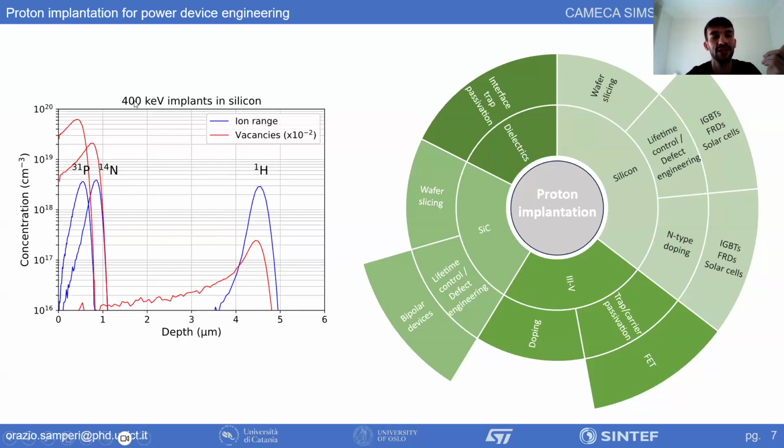As you can see, with the same energy, you can implant this species so much deeper than heavier species with a low degree of irradiation-induced damage. This is really important for this kind of application. Then you can definitely use hydrogen to create buried layers of implanted regions.